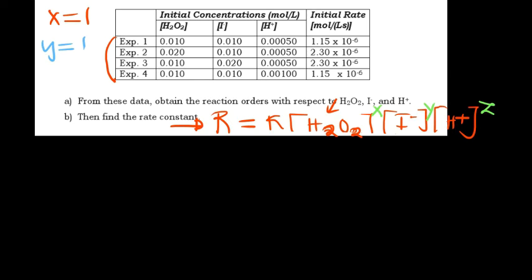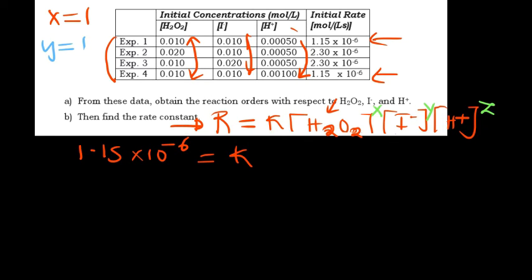In 1 and 4, you can see that the last one is changing, yet the first two are the same. So equally here we'll consider just the rate. So we'll say 1.15 times 10 to the power negative 6 representing experiment 1. I'll only consider the case which is changing, which is that one.